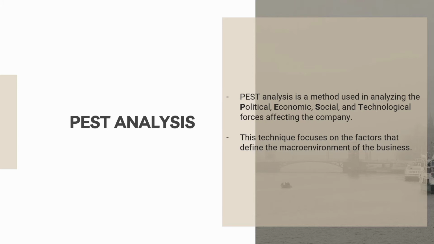Social factors include demographic aspects such as age, group affiliation, religion, civil status, and the economic status of consumers. Analyzing social factors can also help a company implement changes and improvements in its operations, products, and services.